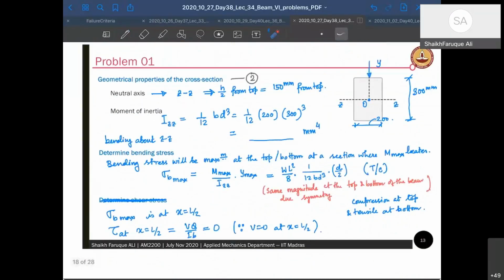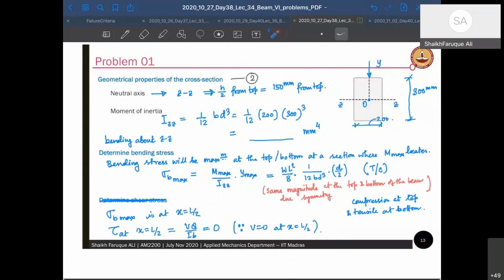Now, next job is to find the geometric properties of the section. So first job is to draw the bending moment. Second job is to find the geometric properties of the section that is given to you. For me, it's a rectangular section, and therefore I know its geometric properties easily. Its neutral axis is going to go through the center, that means h by 2 from the top or from the bottom, same thing. So it will be 150 from top or 150 from bottom.